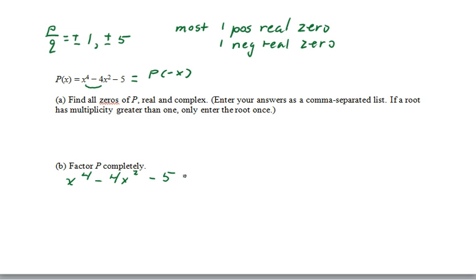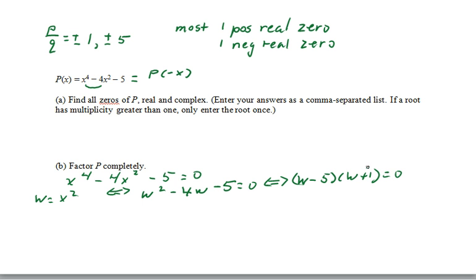We can let w equal x squared to get that this is equivalent to w squared minus 4w minus 5 equals 0, which we can factor as w minus 5 times w plus 1 equals 0, which says w equals 5 or w equals negative 1.